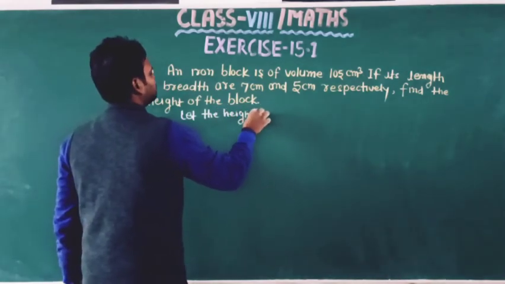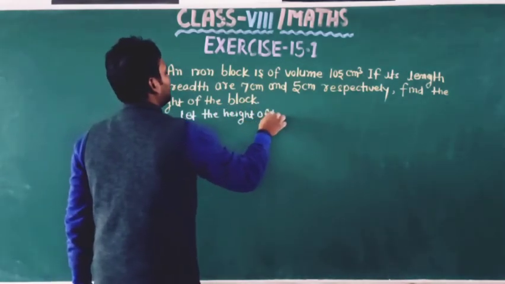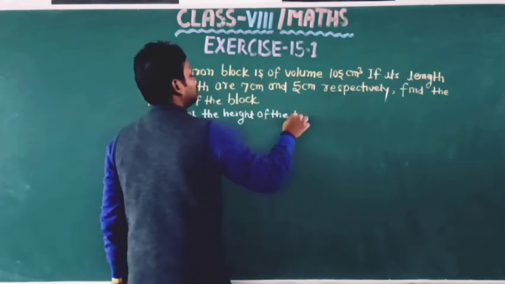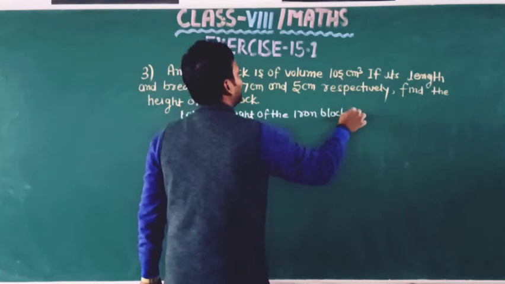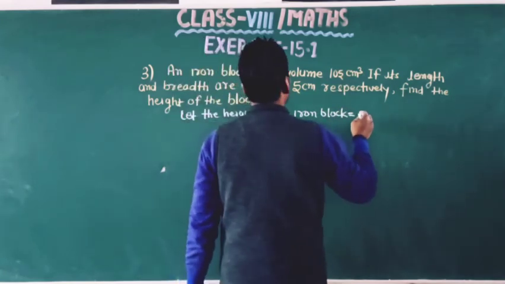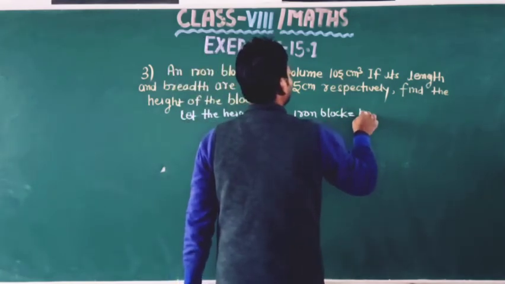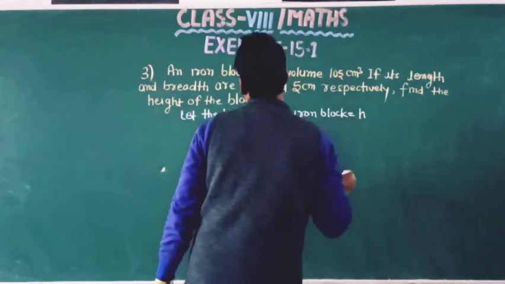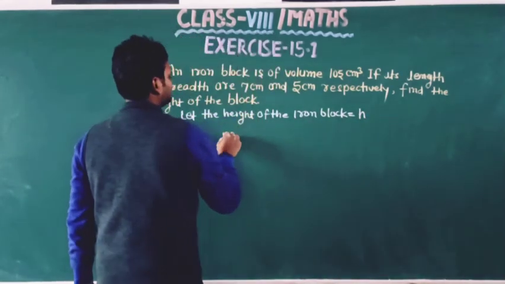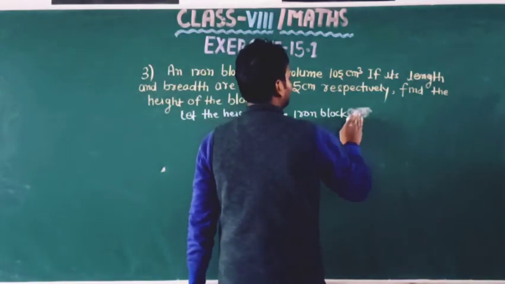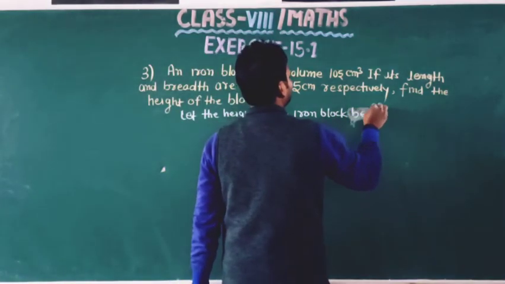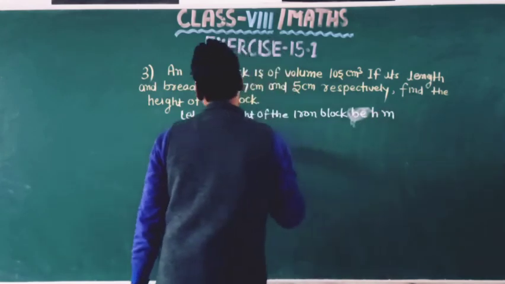So let the height of the iron block equal H. Length is given as 7 centimeter, breadth equals 5 centimeter, and we have to find the height of the iron block.